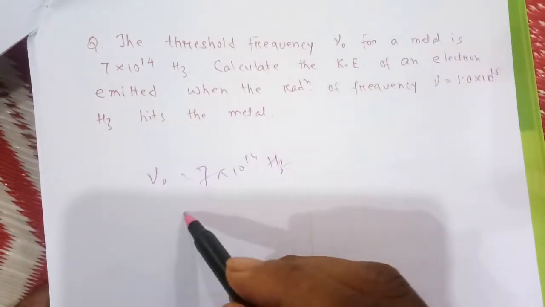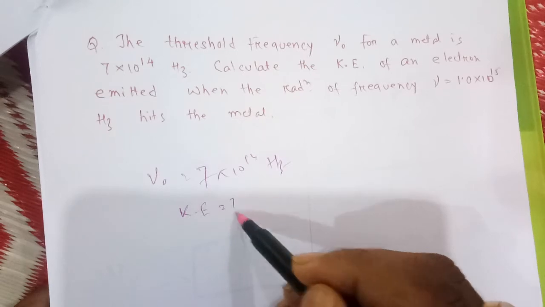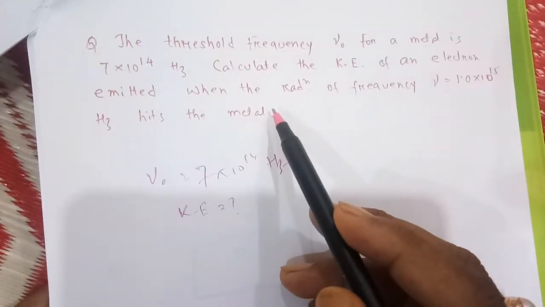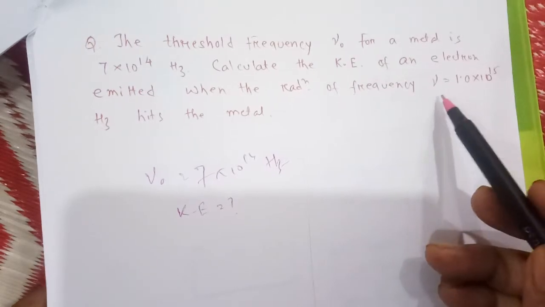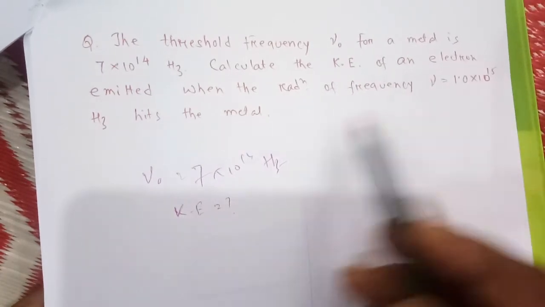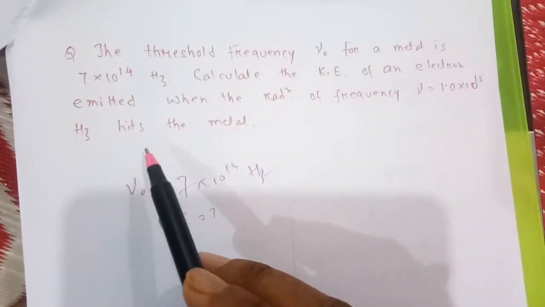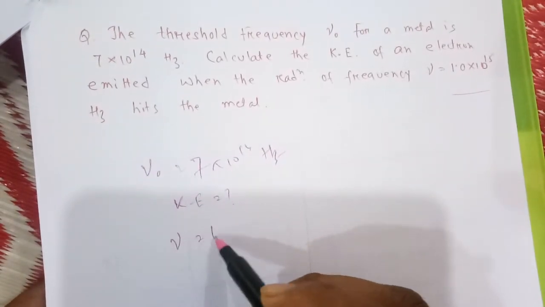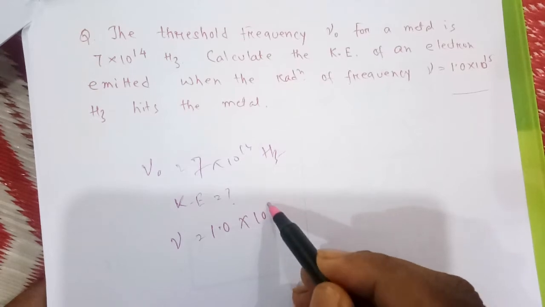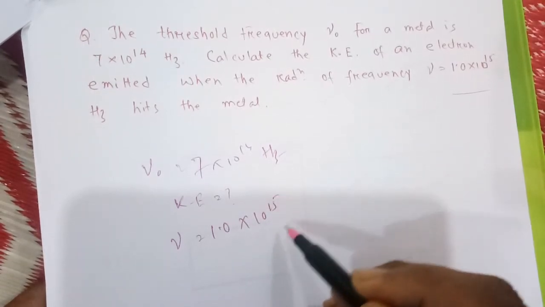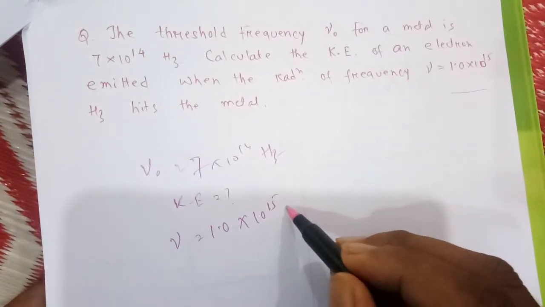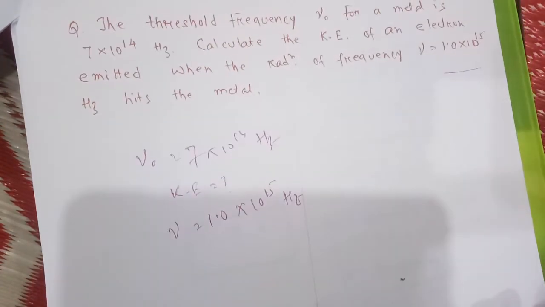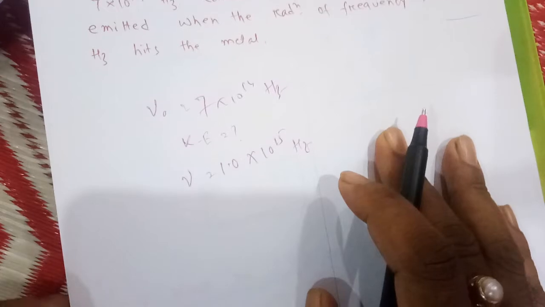You have to calculate the kinetic energy of an electron emitted when radiation of frequency nu equal to 1.0 into 10 to the power 15 Hertz strikes the metal surface. We have to find this.